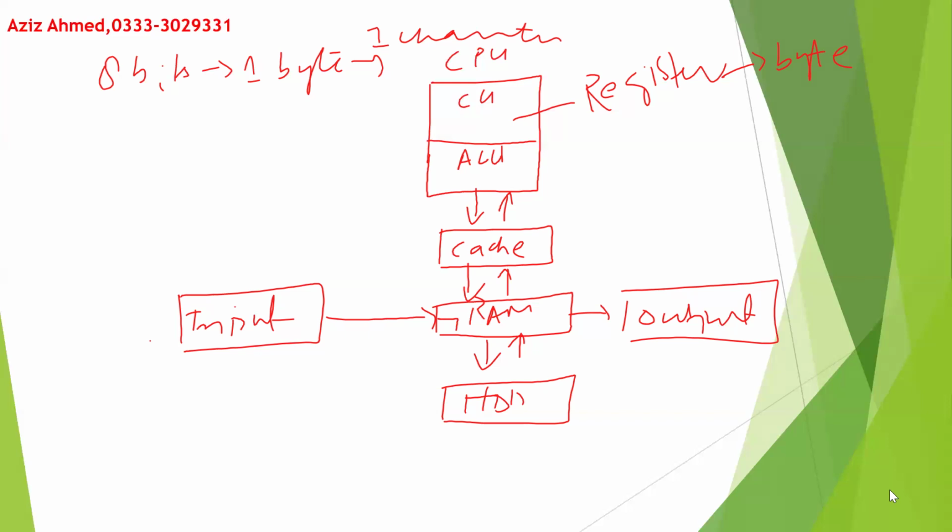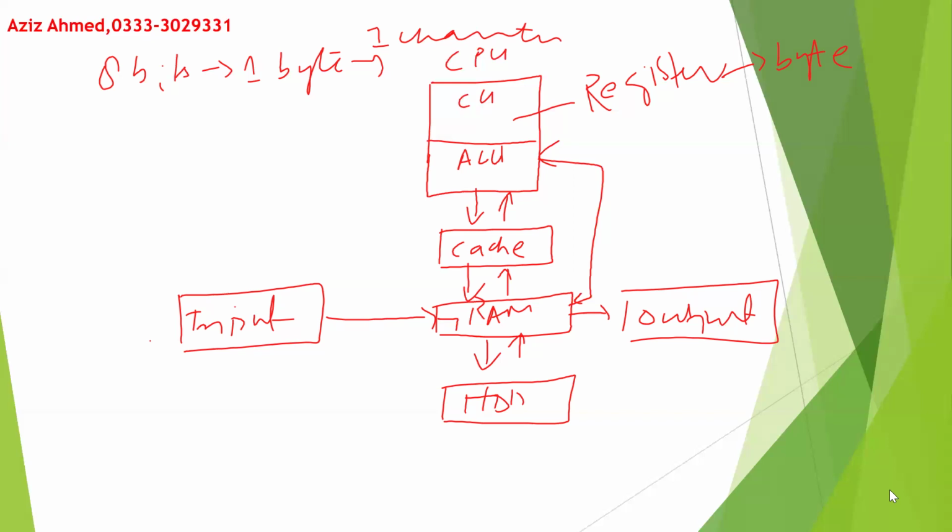So the CPU always first searches for an instruction in cache. If it does not find the instruction in cache, then it goes to RAM. So from RAM or cache, it gets instructions, because instructions are given by the user.